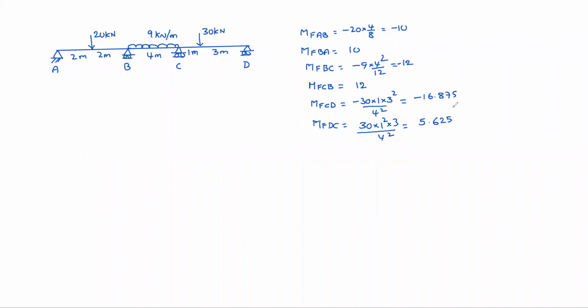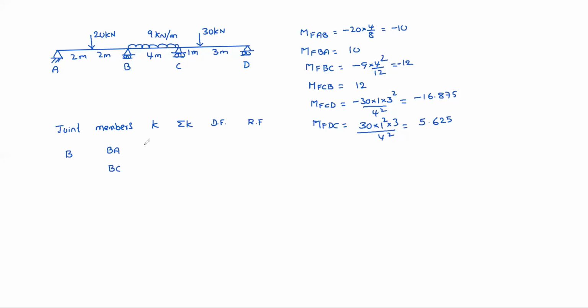Next, after finding fixed moments, find distribution factors and rotation factors also. That means joining members or span, K, sigma K, distribution factor and rotation factor. So if you take joint B, BA member and BC member, 2 members are there.